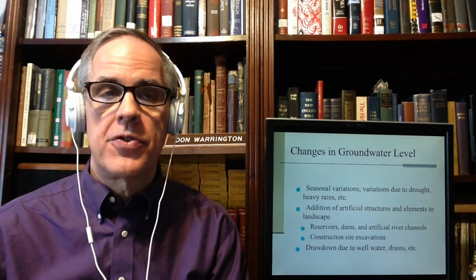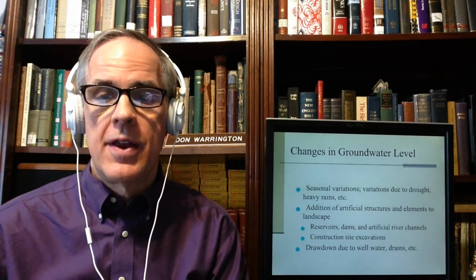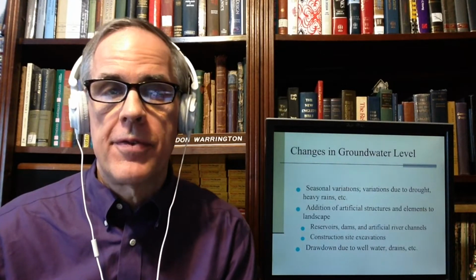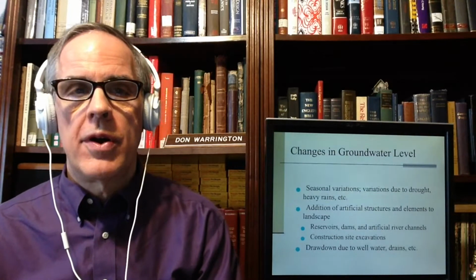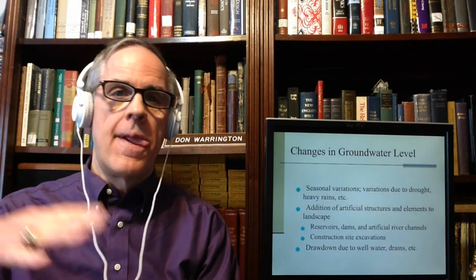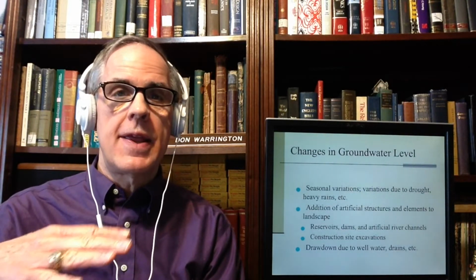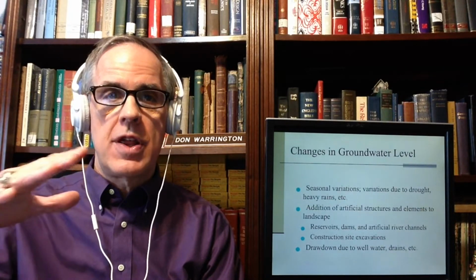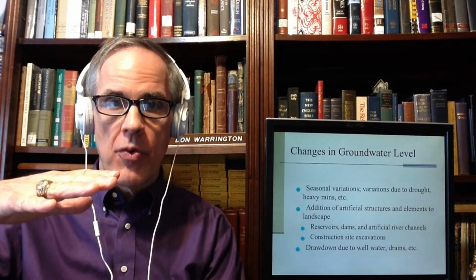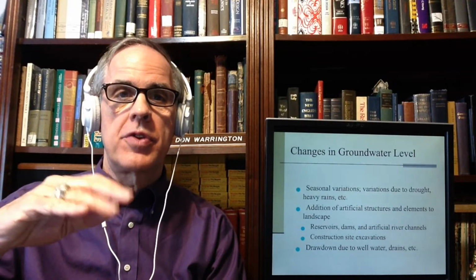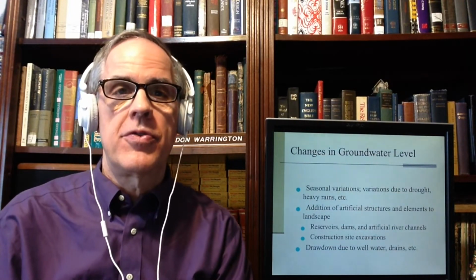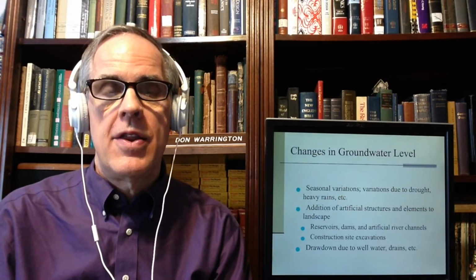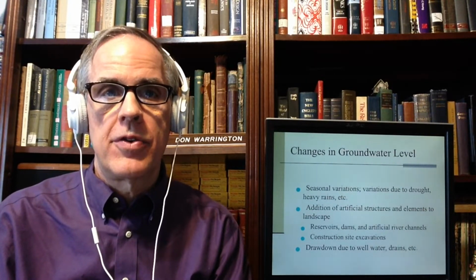We have artificial structures that can change that. And also, particularly in coastal areas, we have a situation where wells and drains draw down the water. And what happens in many cases is that as we draw down the water in a coastal area, the ground actually drops with it. This is referred to as subsidence, and it's a serious problem in coastal areas.